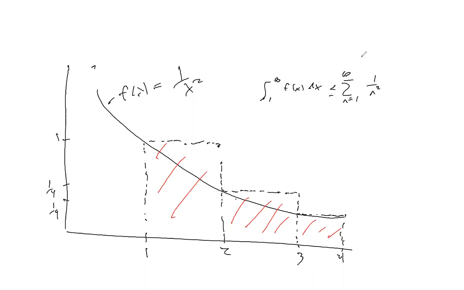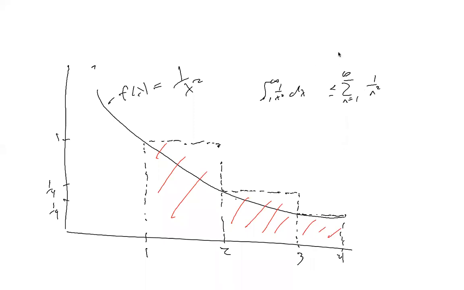And let's see, instead of having the general function here, I could write this. I'm talking about the specific function. One over x squared dx. And I see it's less than or equal to this thing.